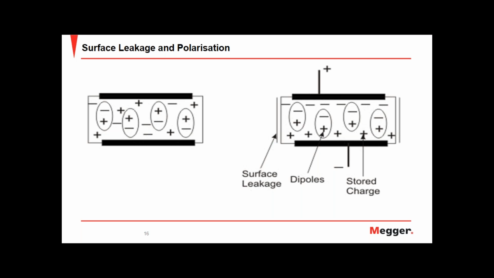You can also see down the side, you can see surface leakage. So not only does the voltage cause the current to flow through the insulation material, it also causes the current to flow over the insulation material because there's often contamination on the surface, and this provides electricity with a lovely path to try and escape from.